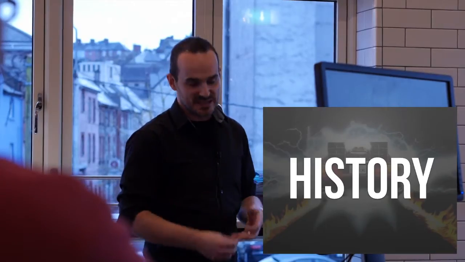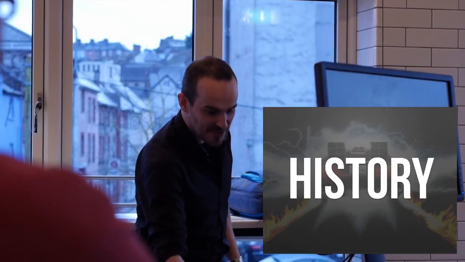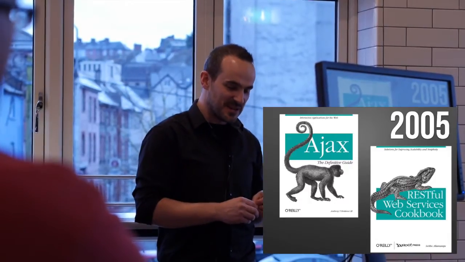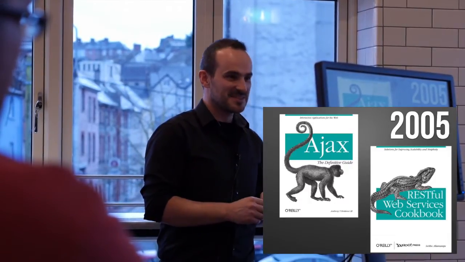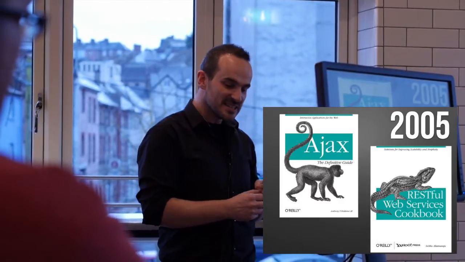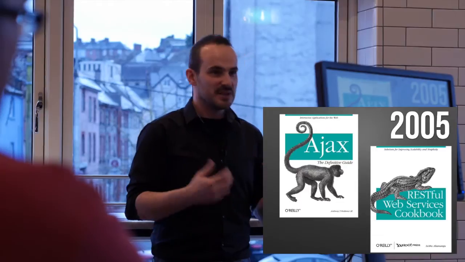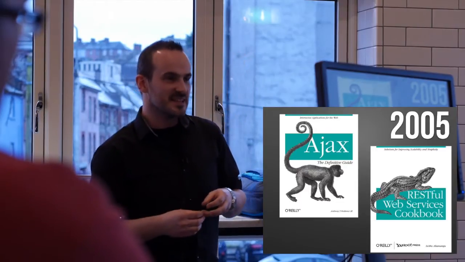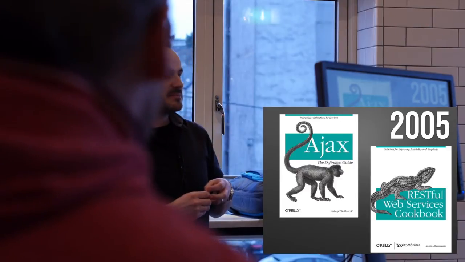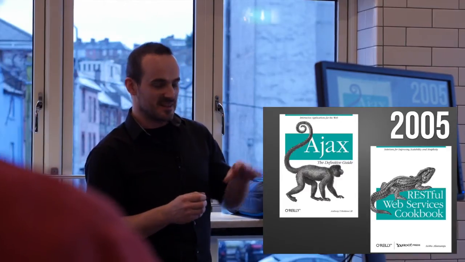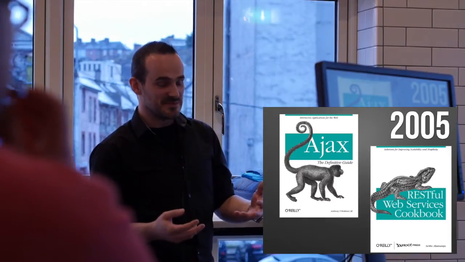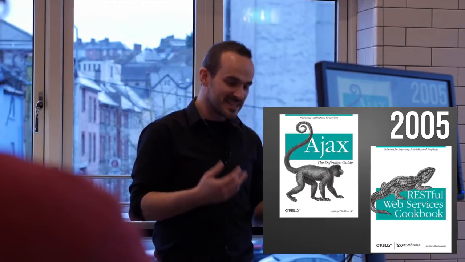So we start with the history. Why did single-page web applications happen at all? If you cast your mind back to 2005, before then, the web was a bit murky, and Ajax and RESTful web services hopped onto the scene, and they made all of our web applications much better. The example I always think of is before 2005, when I was paying overpriced car insurance.